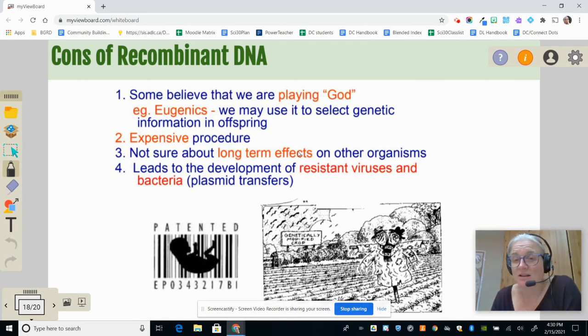We may use it to select genetic information in offspring. There's a worry about that. It is a very expensive procedure, so it's at that elite level, not everybody can partake. We're not sure about the long-term effects on other organisms and the ecosystem. And it can lead to development of resistant viruses and bacteria and plasmid transfers.